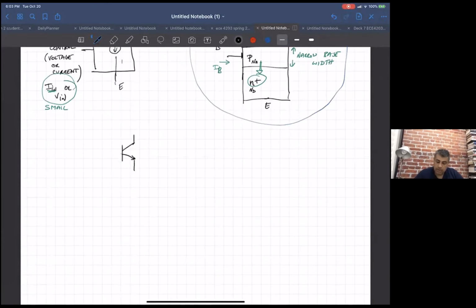Now when you have it in your hand, you think of it in a schematic type mode. You no longer are necessarily thinking in terms of NPN and doping concentrations.